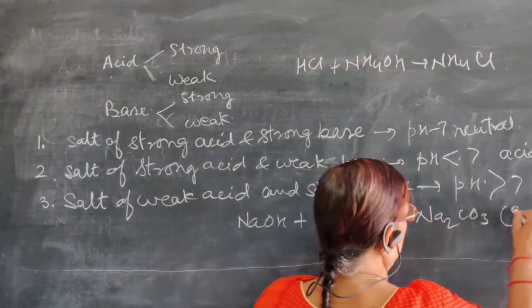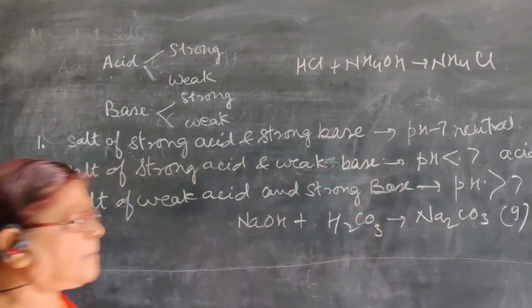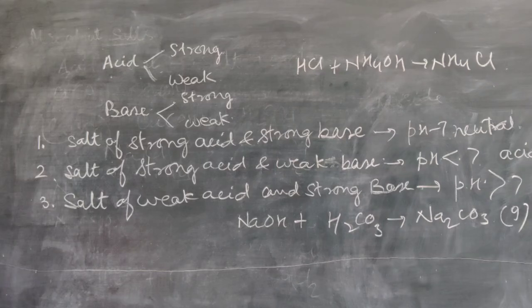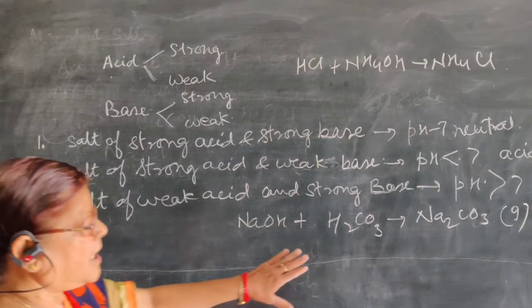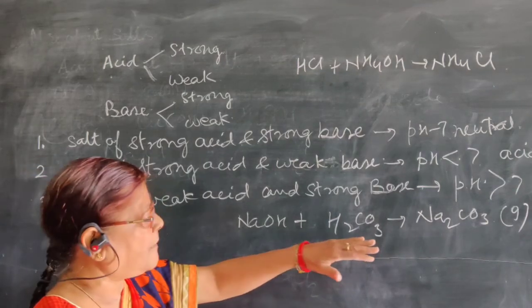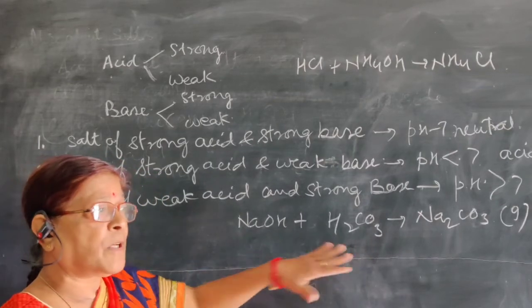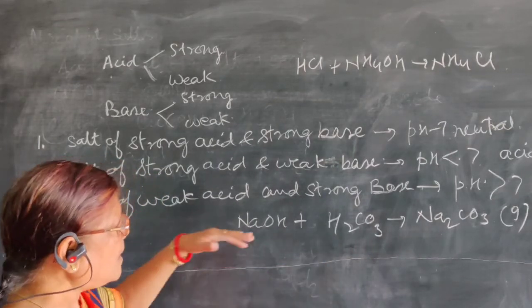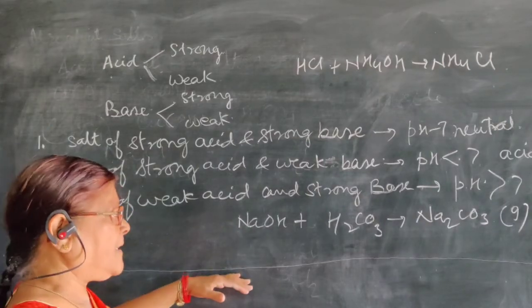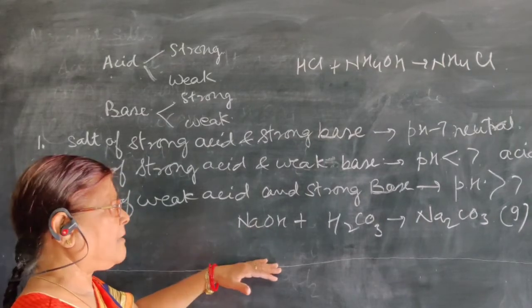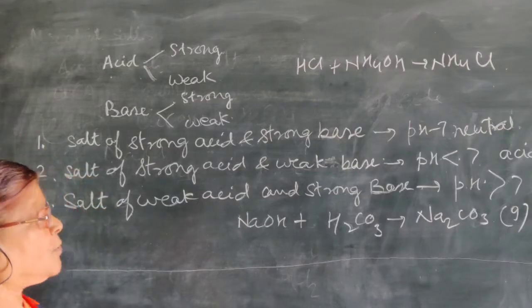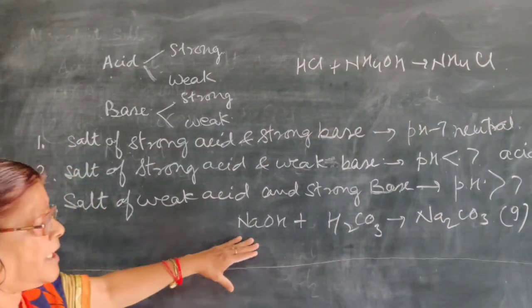The pH of sodium carbonate is near about 9, or the pH will be greater than 7, because here the acid is weak, it will be partially ionized and will produce fewer H plus ions. The base is a strong base, so it will be 100% ionized and will produce lots of hydroxide ions.